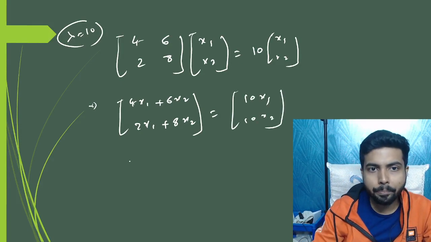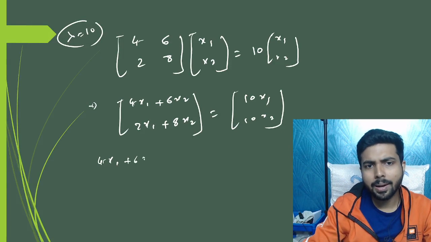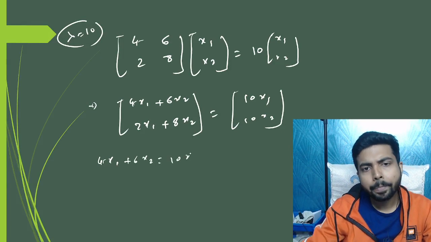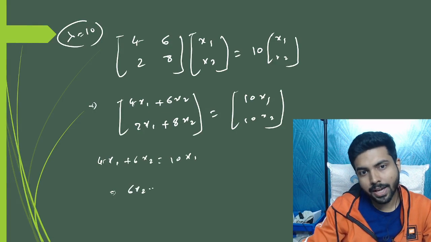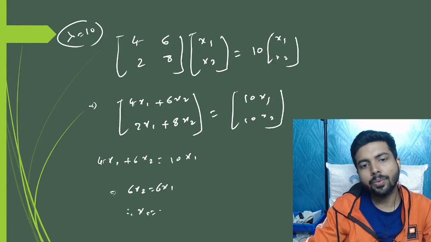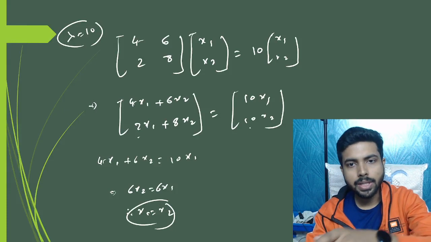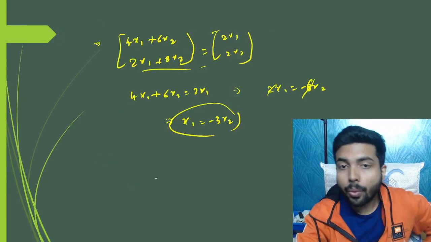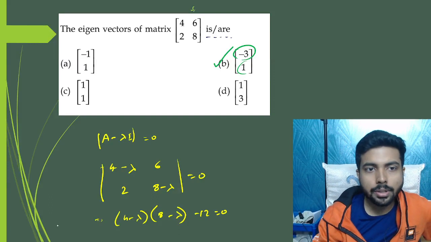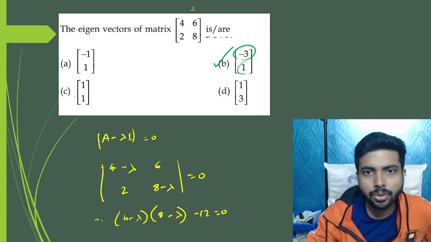So whenever you compare, just एक compare करो, दूसरा भी same ही आएगा. So it is going to come like 6x2 is equal to 6x1. Therefore x1 is equal to x2. Second से भी वही आ रहा है. So x1 is equal to x2. Which of the eigenvectors are going to give this particular thing, x1 is equal to x2?